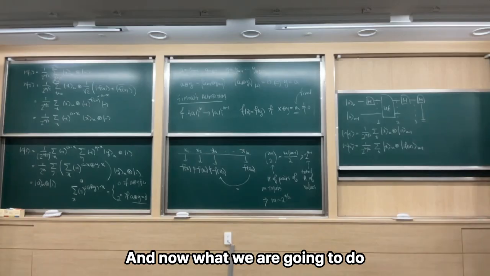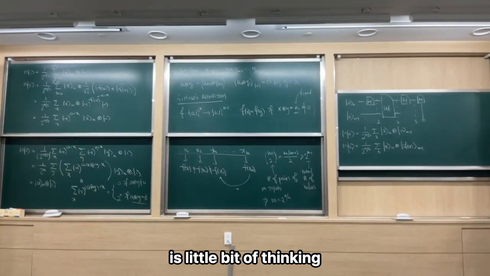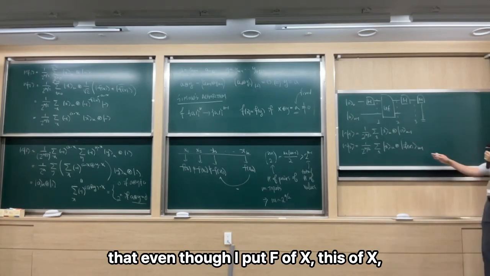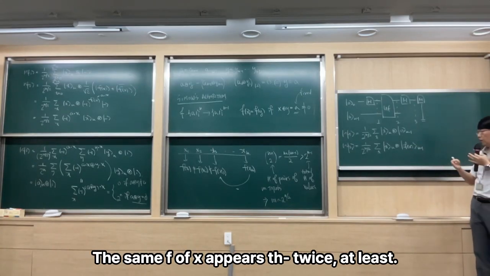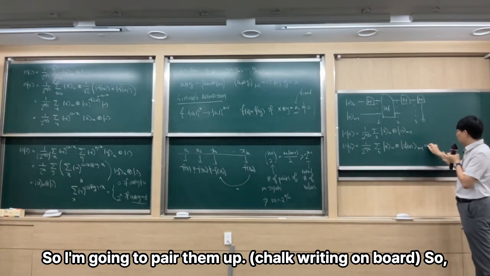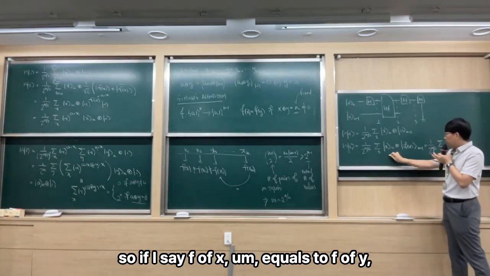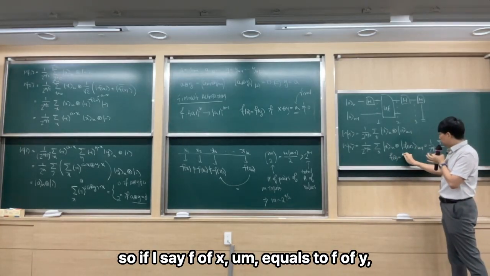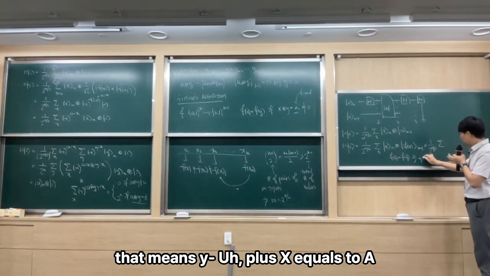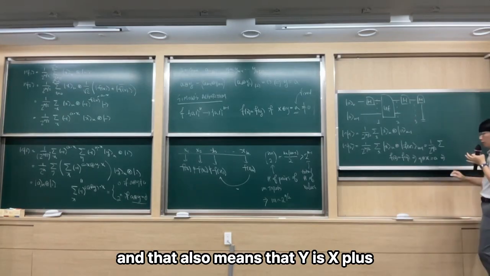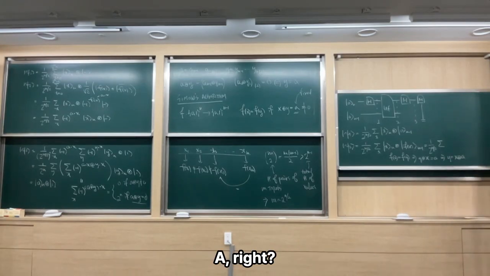Now what we're going to do is a little bit of thinking: even though I put f of x, there will be 2 of them at least, right? The same f of x appears twice at least. So I'm going to pair them up. If f of x equals f of y, that means y plus x equals a, and that also means that y is x plus a, right?